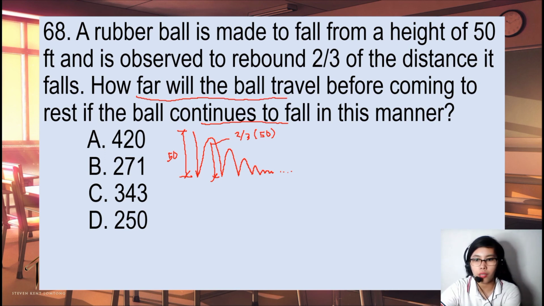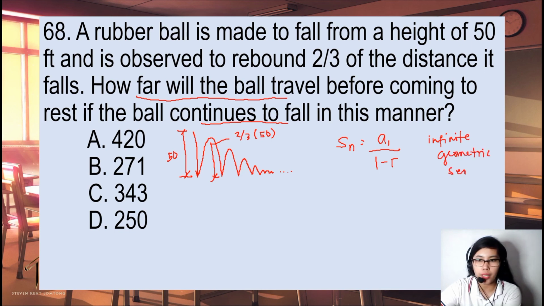So the summation, no? S sub n is equal to A sub 1 over 1 minus r. So this is the formula for the infinite geometric series. Okay? So our total distance, as you can see, we will add 50.